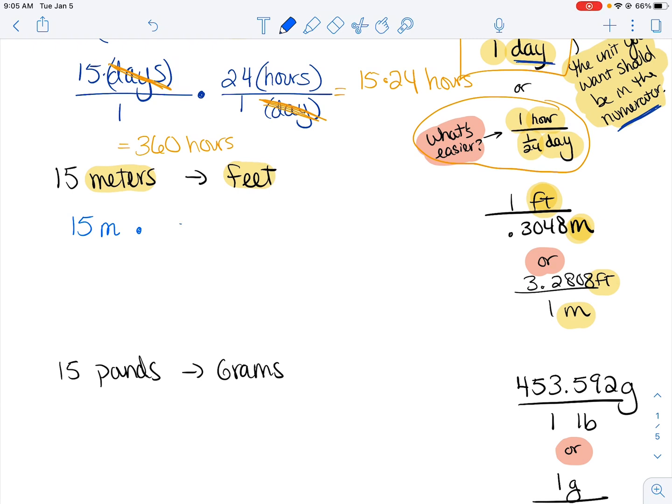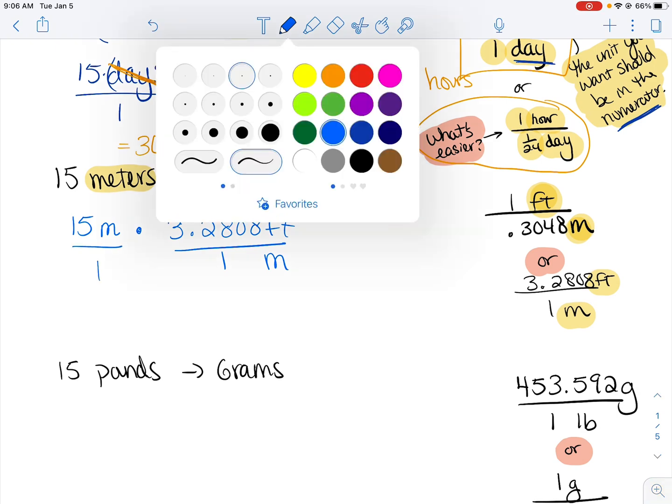I usually like to go for the larger numbers, so I'm going to use 3.2808 feet in 1 meter. Again, this is like multiplying by 1 because they're actually the same value. Different numbers, same value.